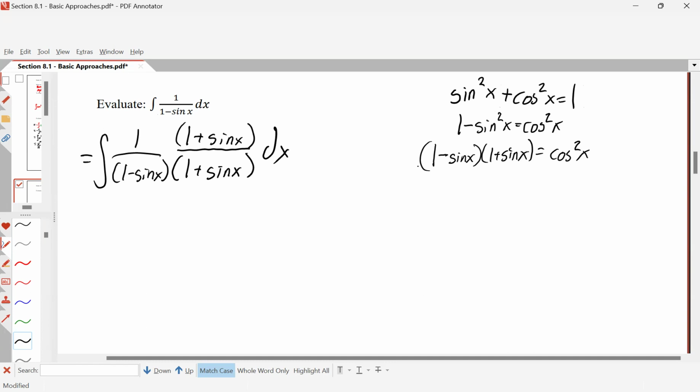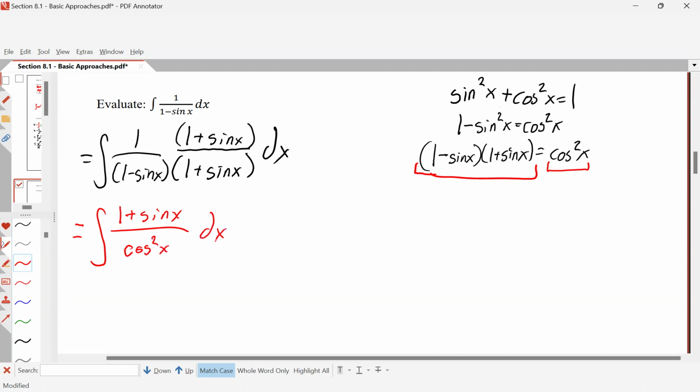But as we've identified over here on the side, 1 minus sine x times 1 plus sine x is cosine squared x. Our new integral is 1 times 1 plus sine x in the numerator, and in the denominator, we have 1 minus sine x times 1 plus sine x, which is 1 minus sine squared x, or cosine squared x.